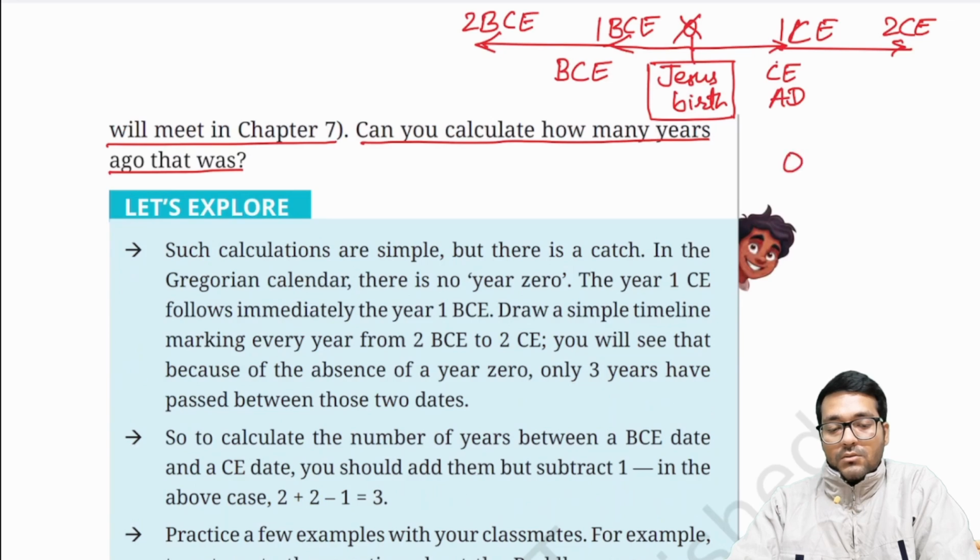There is no 0 CE, 0 AD or 0 BCE. Let's return to chapter 1.